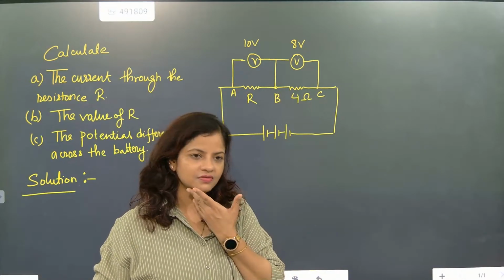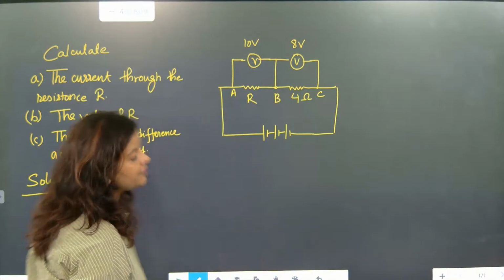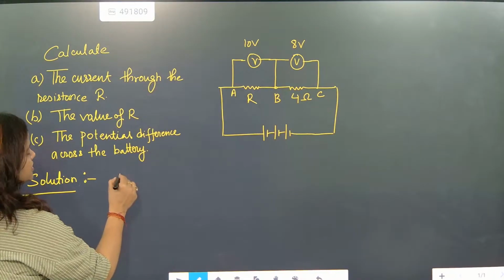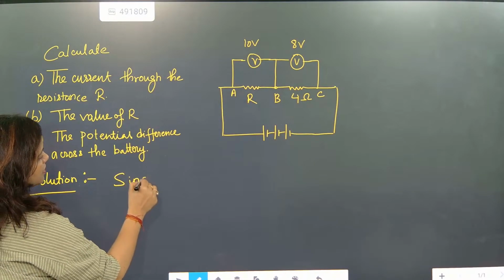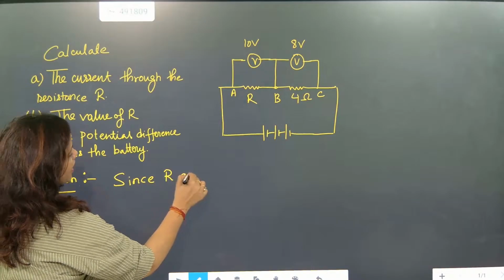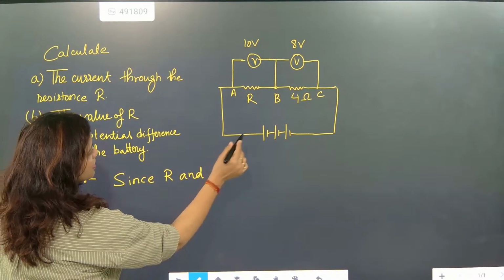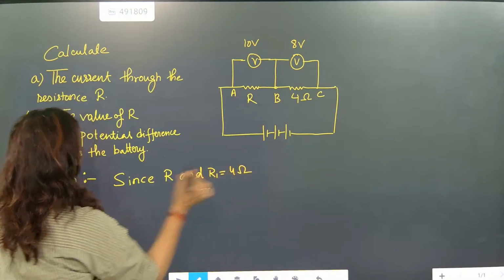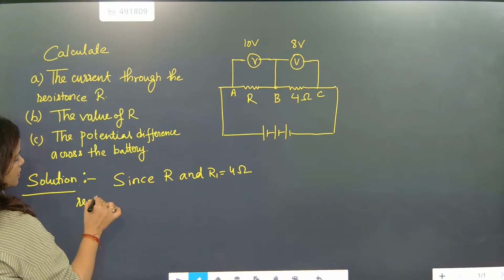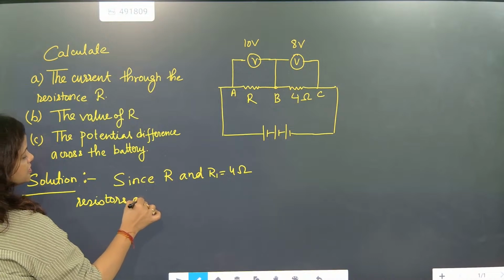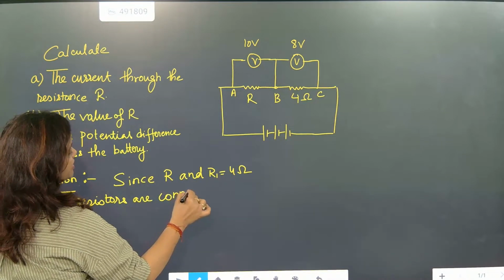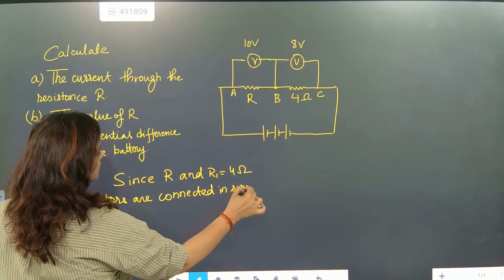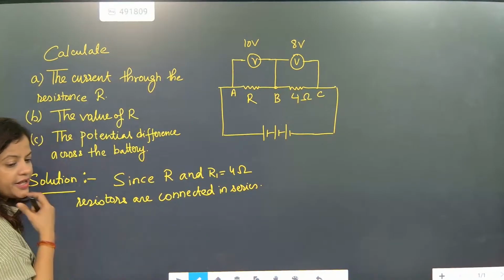2 ampere. Now look here, they are asking for the current. The first thing is, we have to write this part. Since R and R1 is equal to 4 ohm, the resistors are connected in series.